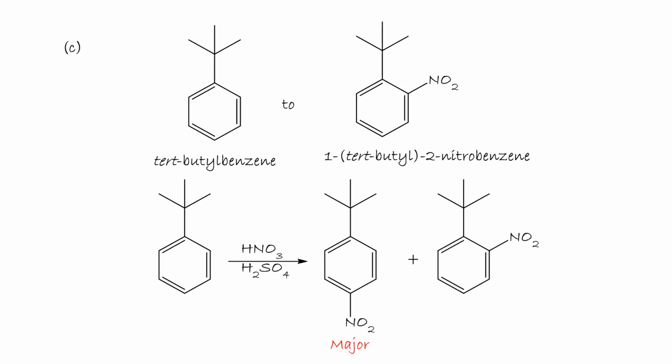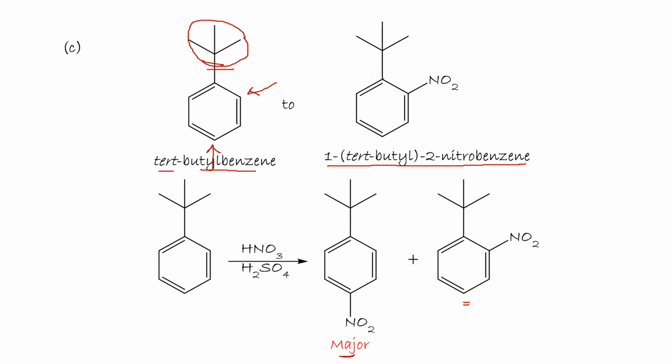Well, I would like to transform tertiary butylbenzene to 1-tertiary butyl 2-nitrobenzene. This group is already ortho-para. If we nitrate, we get ortho and para, and since this is a very bulky group, then we will get major para, and the target molecule will be a trace.